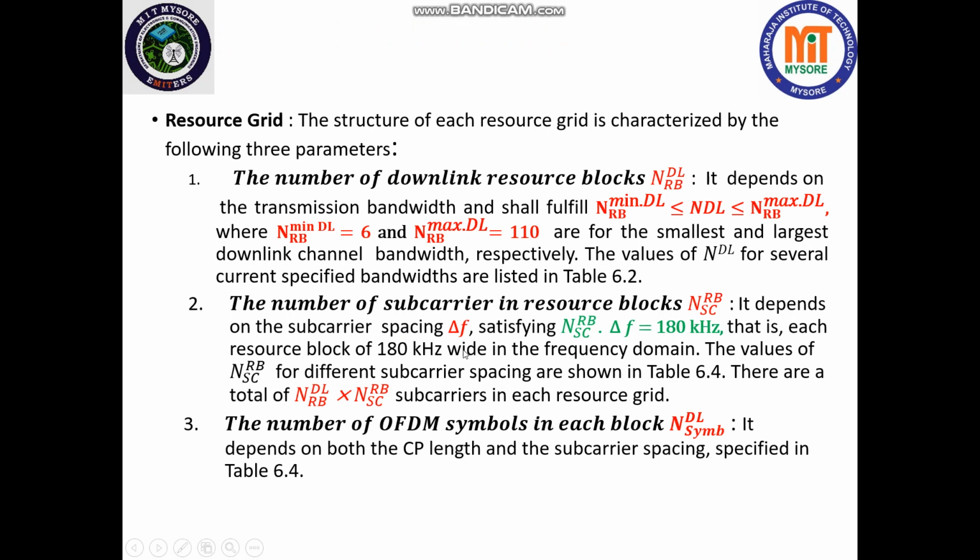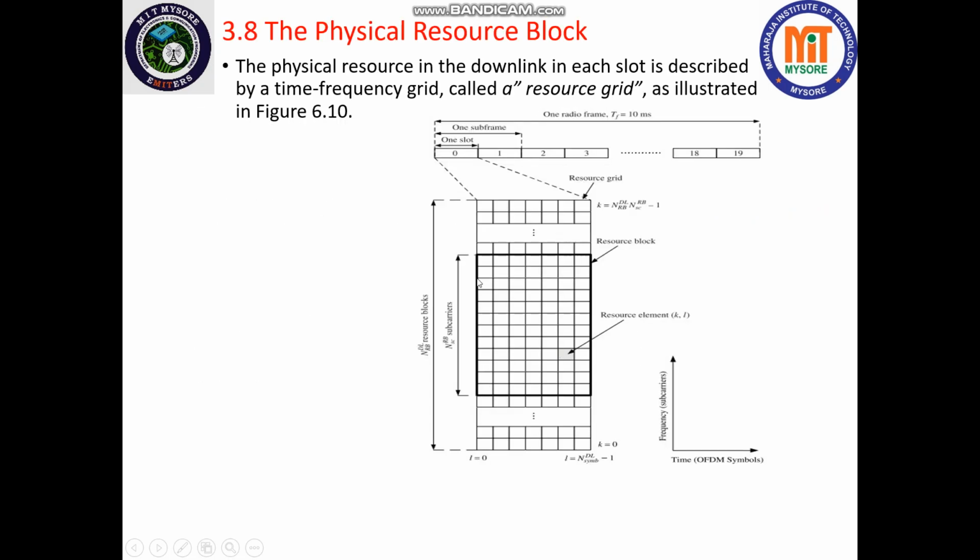It depends on the subcarrier spacing. If you have 15 kilohertz subcarriers, then satisfying 180 kilohertz of block length, the complete block length will be given for every slot, every resource block. It will be given only 180 kilohertz in the vertical direction.